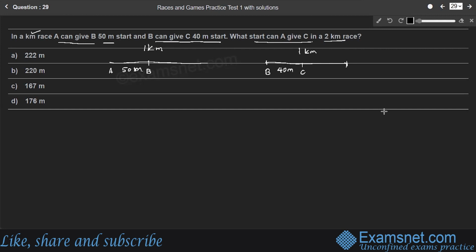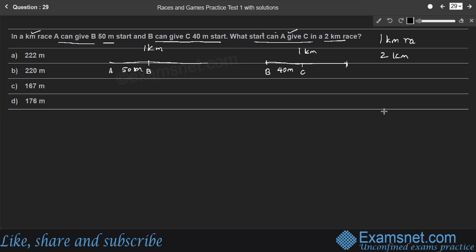So here the question is, what start can A give C in a 2 kilometer race, right? First, we need to consider in 1 kilometer race, what start can be given to C by A. Then in 2 kilometer race, when it is multiplied by 2, you will get the answer.